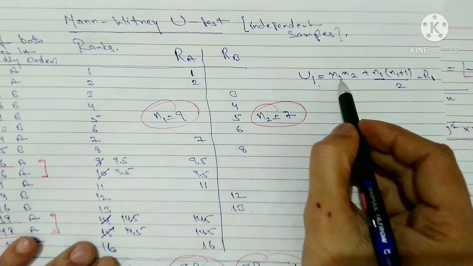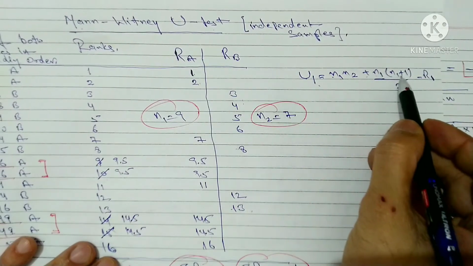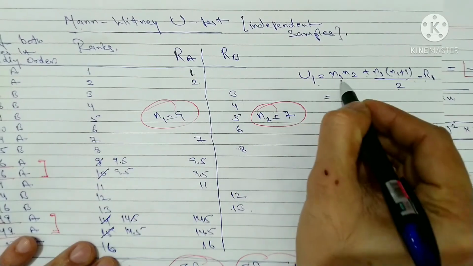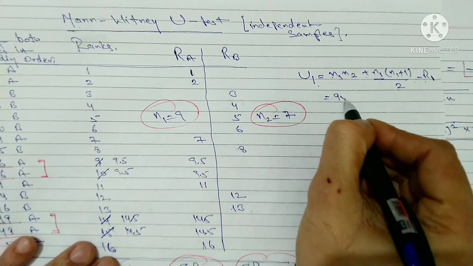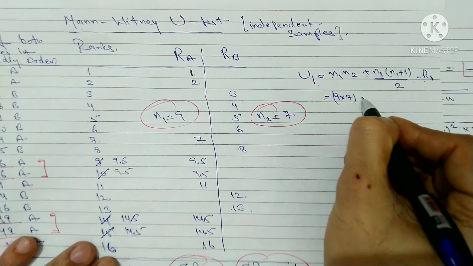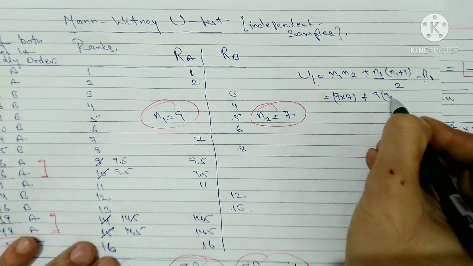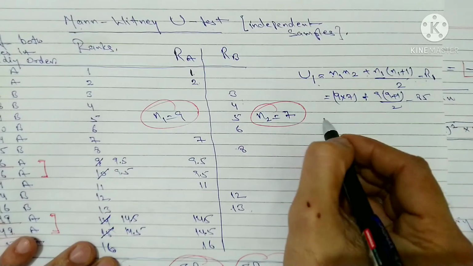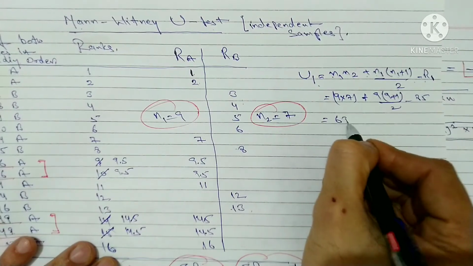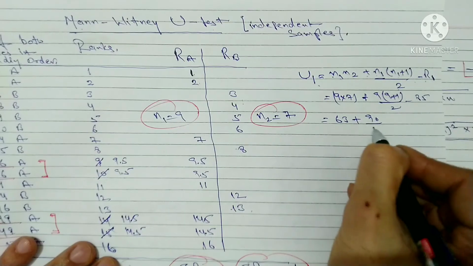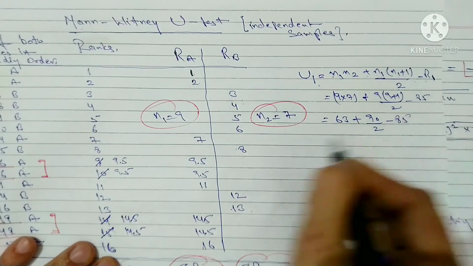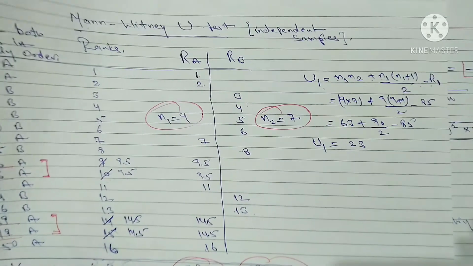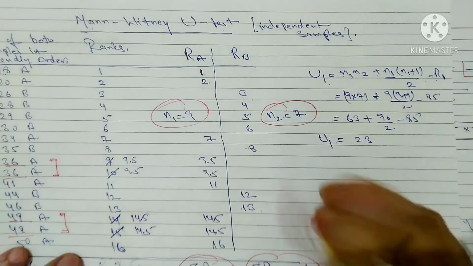Here n1 is 9, into 7, plus 9 into 9 plus 1 by 2, minus R1 which is 85, which equals 63 plus 90 by 2 minus 85. Therefore U1 comes out to be 23.